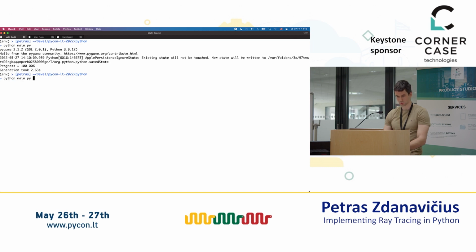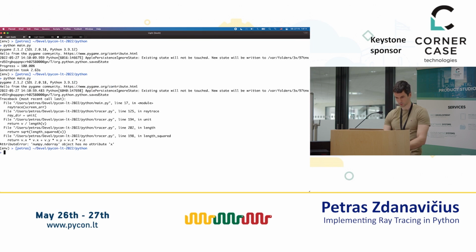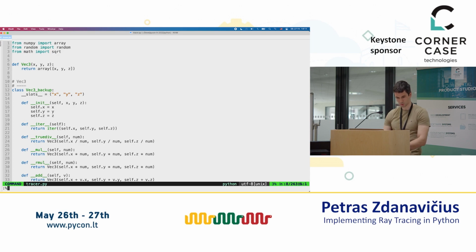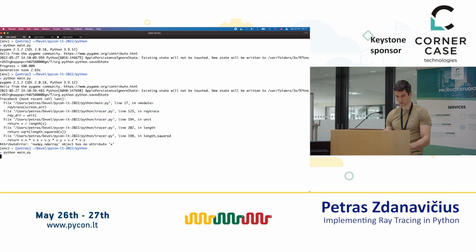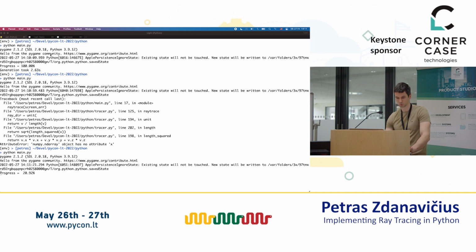Let's try now. Oh, it failed. Okay, so I need to actually place all x's to the first, and all z's to the second number of the array. Let's run now. Oh no, it took a lot of time. So NumPy isn't that fast, is it?